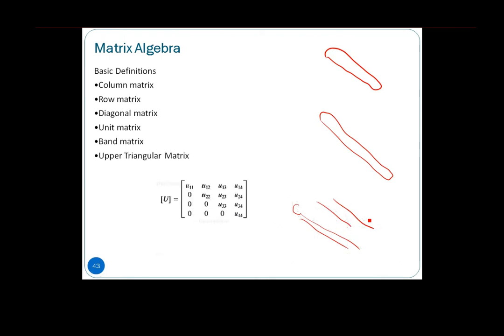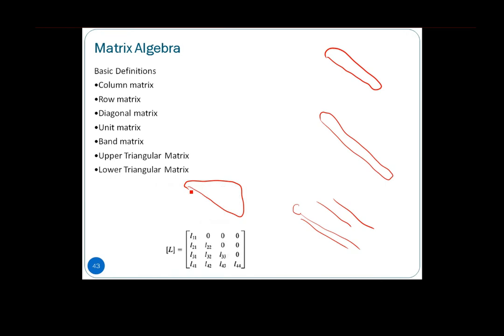Upper triangular matrix is from the diagonal onwards. All the upper so-called triangular part has values. So that is the upper triangular matrix. Lower triangular matrix is the opposite, from the diagonal, the lower part of the matrix will have values, right?